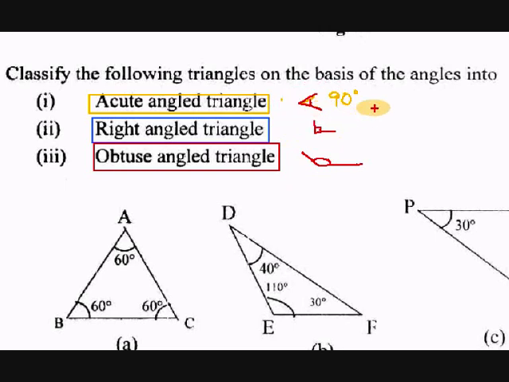These are the three things. The three types we are talking about here, acute, right and obtuse angled triangles, are based on the angles.